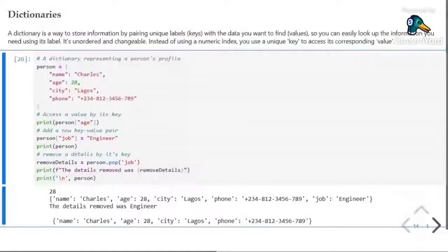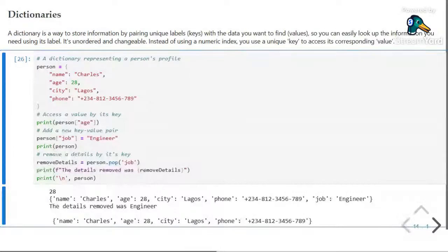Pop has a return value, so even after deleting it, you can call it and see that this detail has been removed. Immediately you delete it, it's gone from the system. So that's the difference. So I made use of pop here.